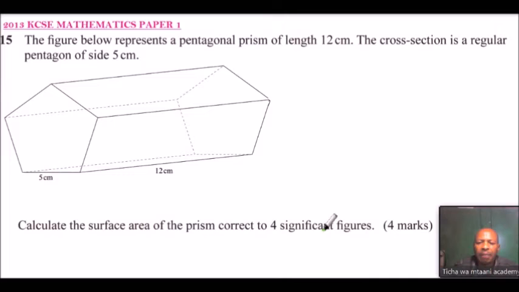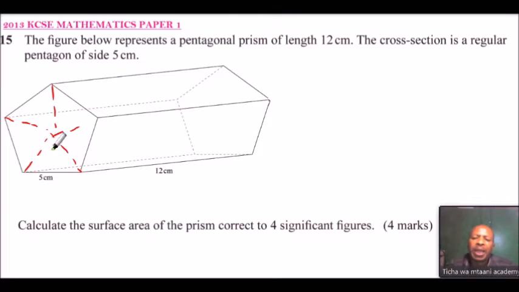Well, for us to be able to do this, first of all, we are told it is a regular pentagon, it's a prism. So it means that we can divide this into isosceles triangles, which coincide at the center.